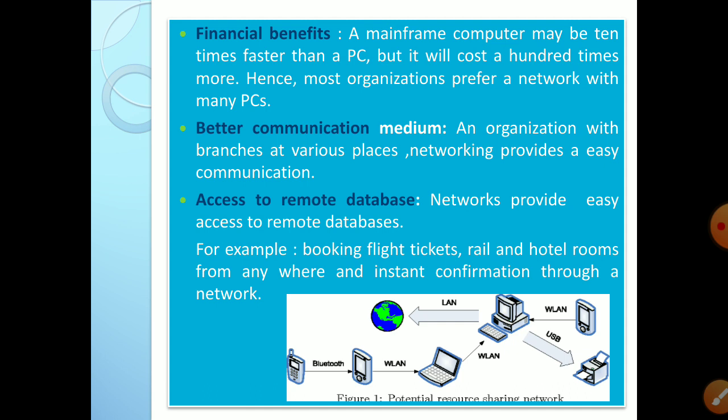Next, better communication medium. For example, in one organization with branches in different places, all these different branches are connected with the network, and with the help of this network they can communicate very easily.